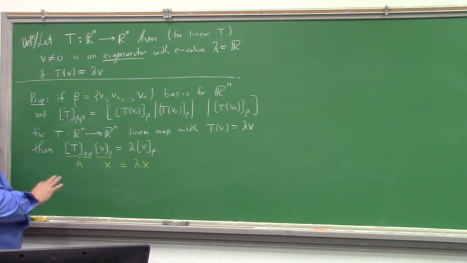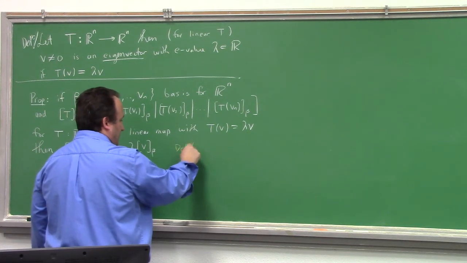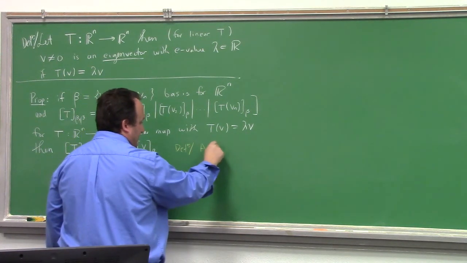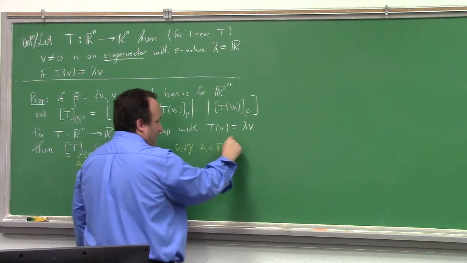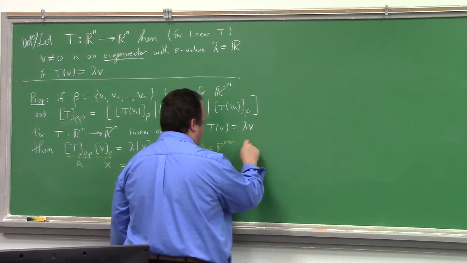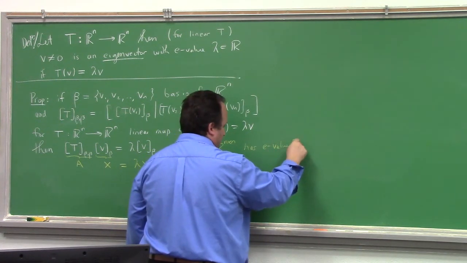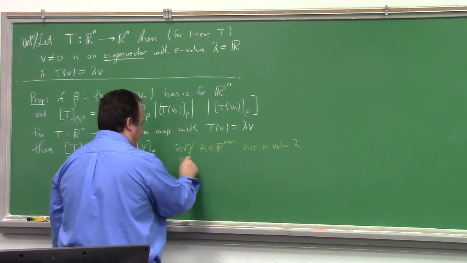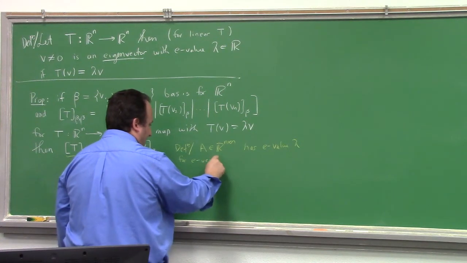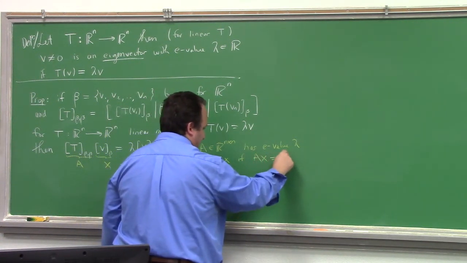And all I'm trying to get at here is we can also make the same definition for a square matrix. An n by n real matrix has eigenvalue lambda for eigenvector x if Ax equals lambda x, all right?